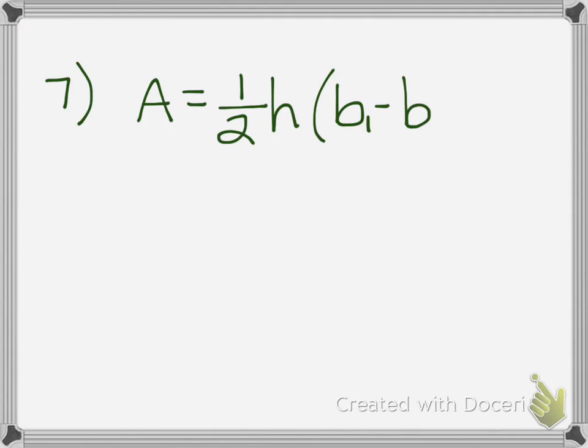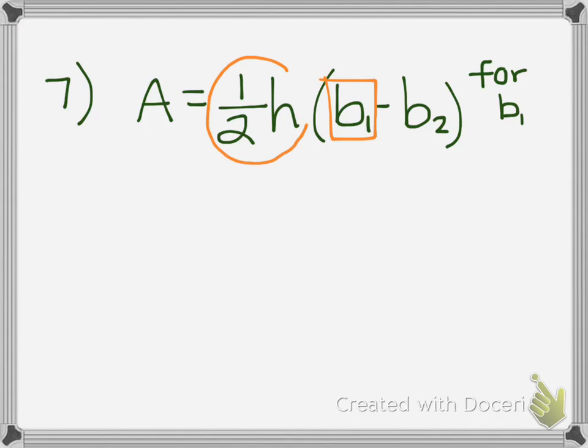Alright, now we have A equal to 1/2 h times b1, b sub 1 is what we say, minus b sub 2. And we're going to solve for b sub 1. So what we need to do is we need to get b sub 1 by itself. Now over here we have another 1/2 and a variable, and I'm going to try this time to take care of them both together.